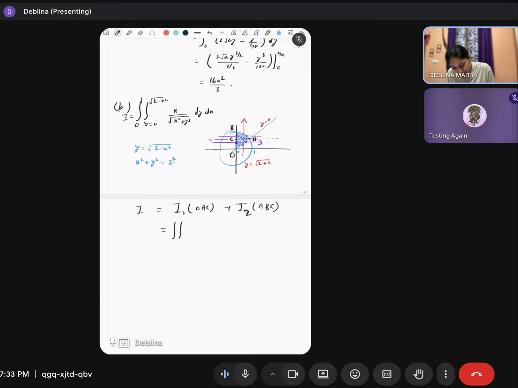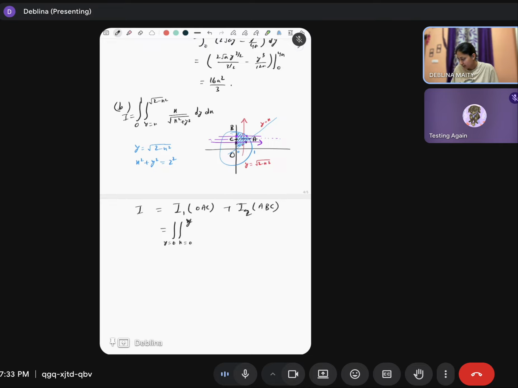OAC means x varies from 0 to y. For the lower OAC, x runs from 0, this is this 0, and this point is the y equals x curve, and y runs from 0 to this point.